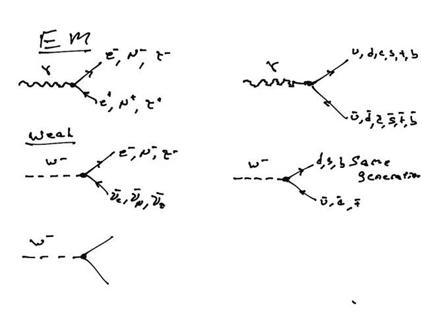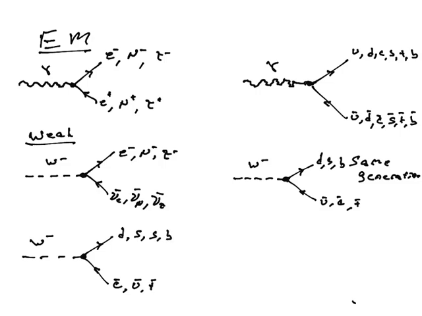Okay, so W minus again. You could have a down. This is going to be anti this way. So you could have a down can go to a charmed, anti-charmed. Right? So from first generation to second generation. Or you could have the strange, that's a second generation, could go to anti-up. Or you could have a strange go to anti-top.